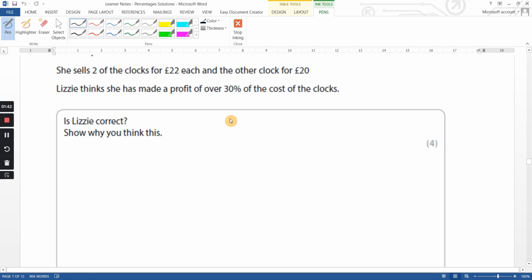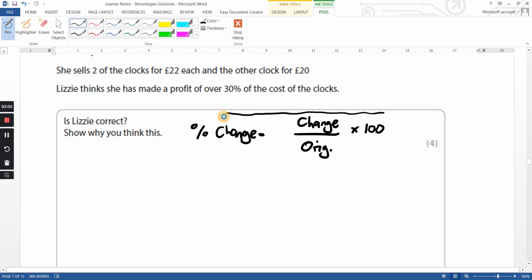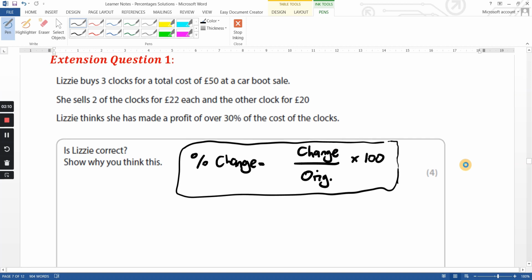If you remember, for percentage change or percentage profit, there's a formula for that, and that is you need the change over the original and you times by 100. So this is the formula for percentage change, and technically for percentage profit as well. In this case, that's what we're going to use it for. The change in this case is how much profit you made.